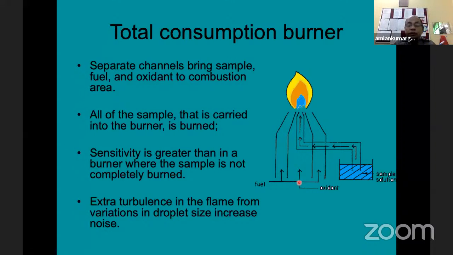So there could be three concentric tubes. This is what is depicted in this picture. One is the very inner tube through which the sample solution comes. There is the fuel and the oxidant. Oxidant is air in this case.